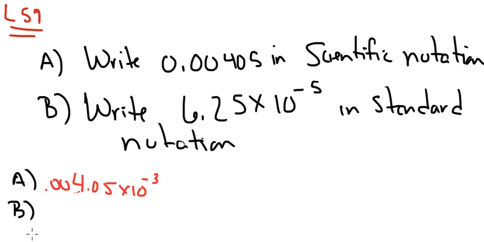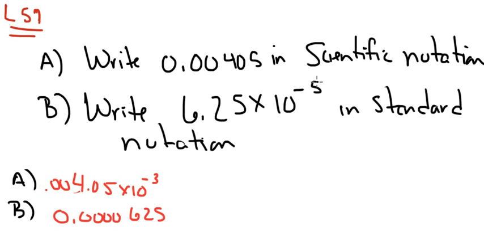Amanda, how about the B portion? What'd you get? Okay, 4 zeros, right? That's exactly right. It wants us to write this in standard notation. Well, we're already at 6 point, so if we're at 6.25, we're right here where my marker is, and we have to go back 5 places.